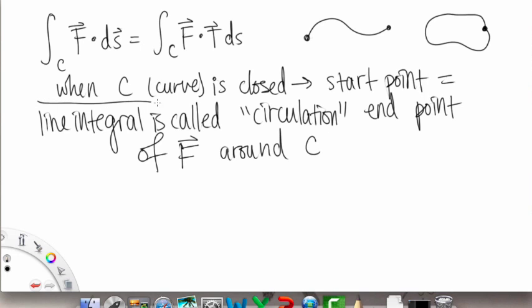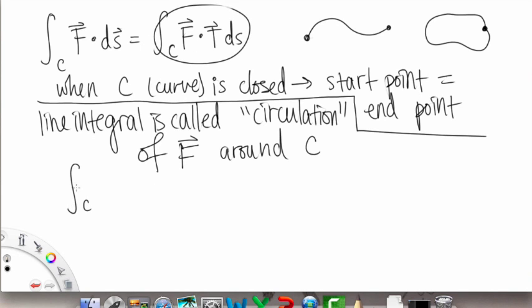The way it is written sometimes is just like up here, but then they add this circle just to tell you that it is closed, that the start is the same as the end point. All right, so this is just something to keep in mind.